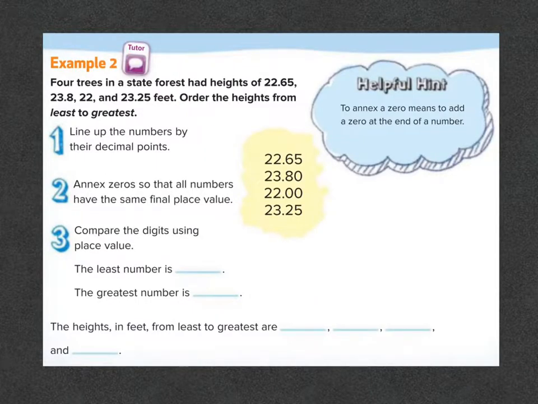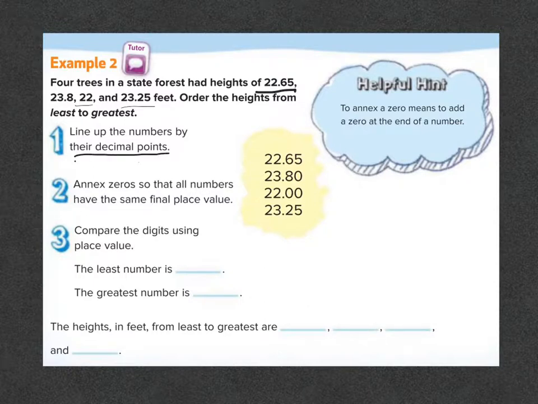Okay, so our next example says 3 trees in a state forest had heights of 22 and 65/100ths, 23 and 8/10ths, and 23 and 25/100ths. Okay, so first we're going to line up the numbers by their decimal points.